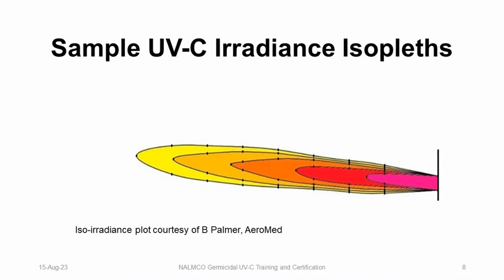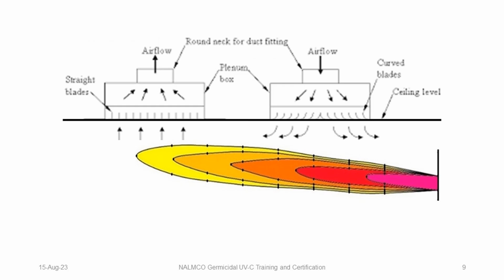So here's a different fixture and a different set of isopleths. But you can see that this one is relatively uniform and, let's call it, skinny in its number of isopleths or iso-irradiance lines. What happens if we have, and I'll just use an example of an 8-foot ceiling versus a 10-foot ceiling?